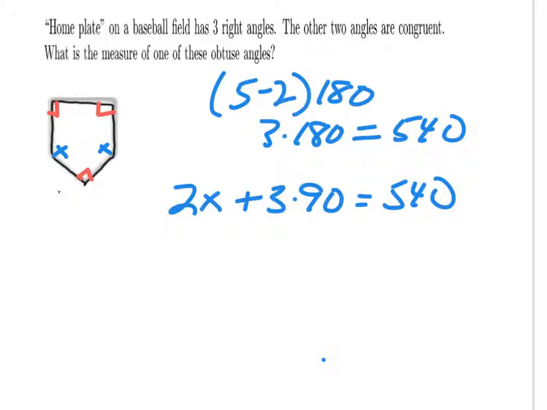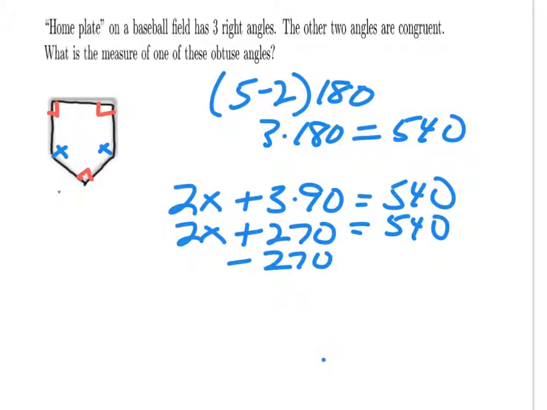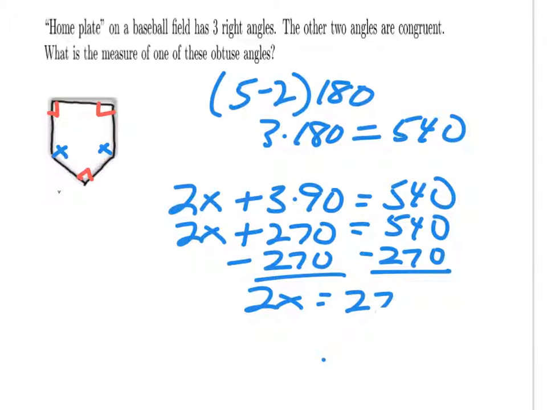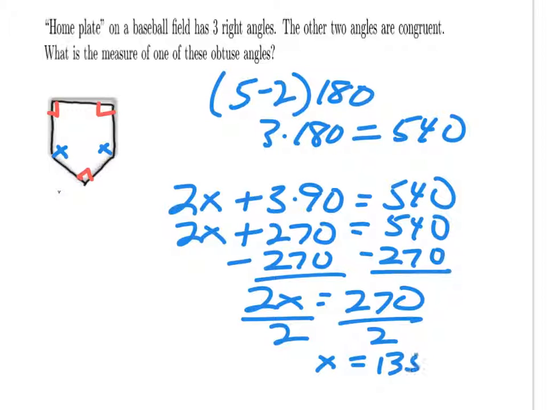So I would have 2x plus 270 equals 540. Minus 270, so 2x equals 270. Divide by 2, and I get that x equals 135. Each of those obtuse angles equals 135.